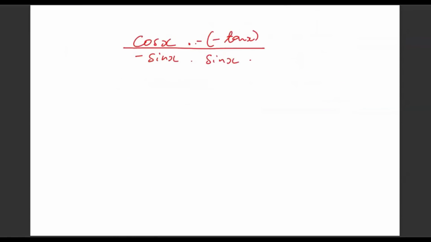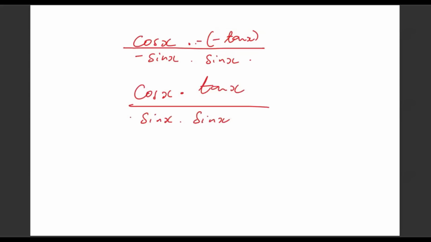Okay, so what do we see here? This is going to be a positive. So I have cos x multiplied by positive tan x.